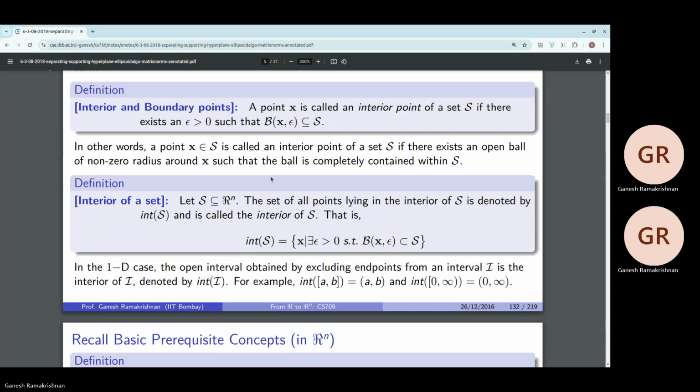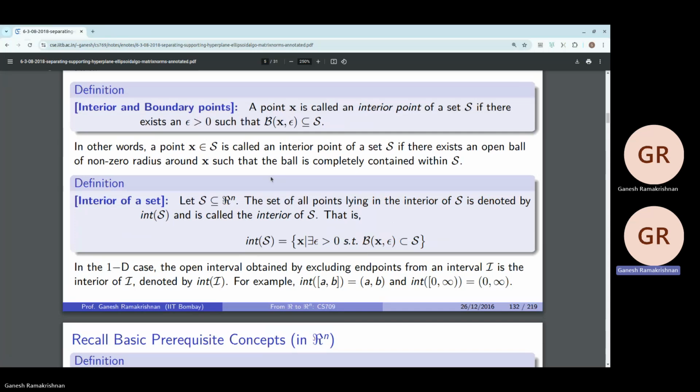Let's say this is a boundary here, or the boundary of this table. Any ball I take here will have some part within the table and some part outside the table. So this is the boundary. It doesn't take sides.